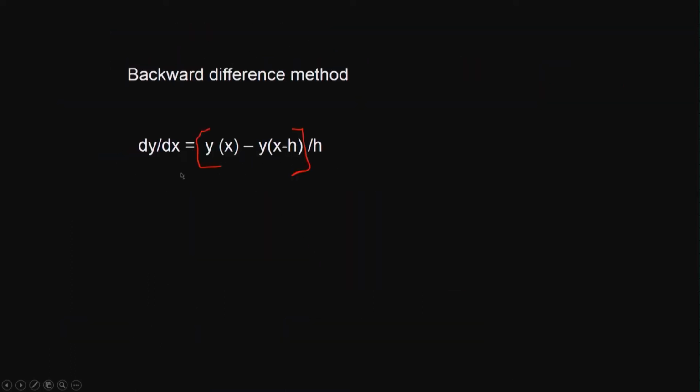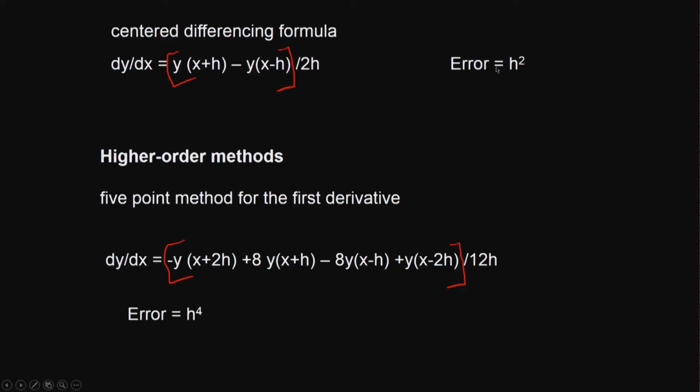So, that is why this is called a backward difference method. This also has the error of the order of h square, just like the forward difference method. So, all these methods have errors in the order of h square, and the 5-point method has an error order of h power 4.